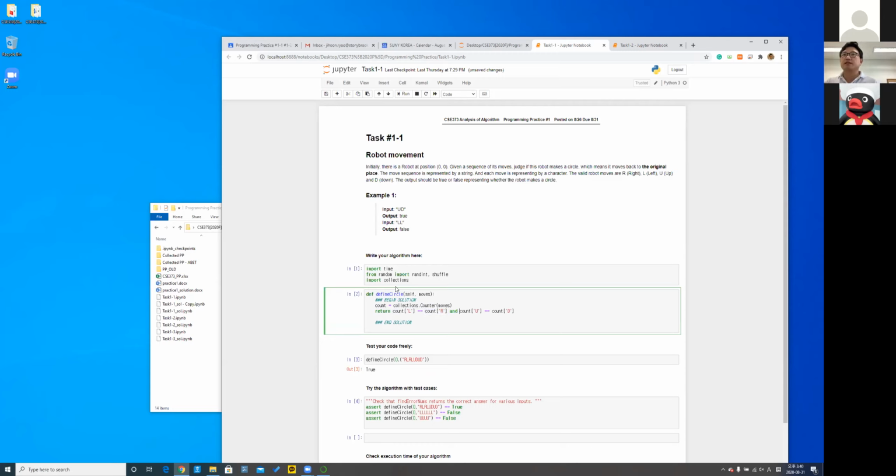On the other side, up and down. If they are equal, meaning they are returning. So if they are all true, true and true, it will return true. Let's run it.